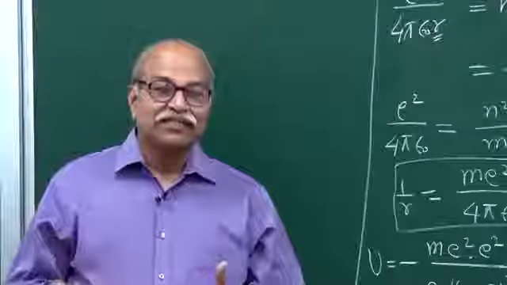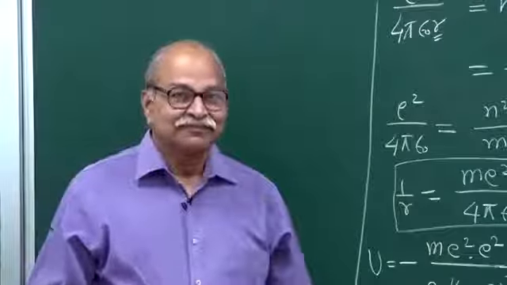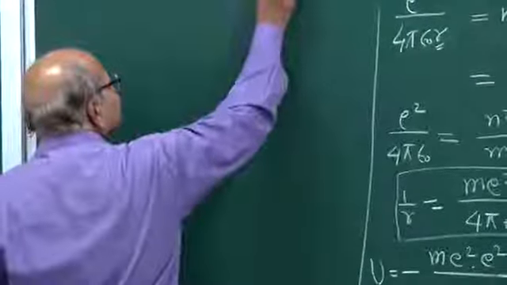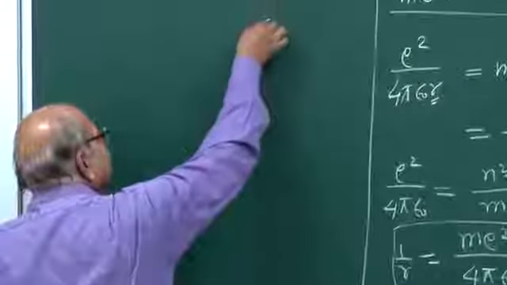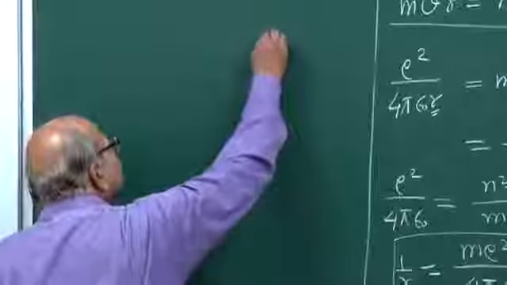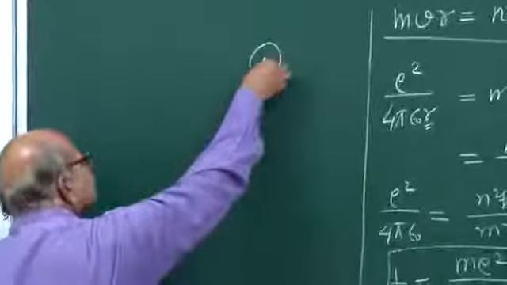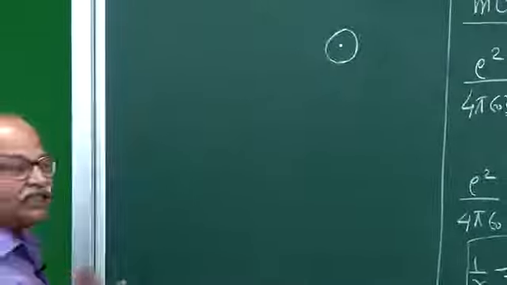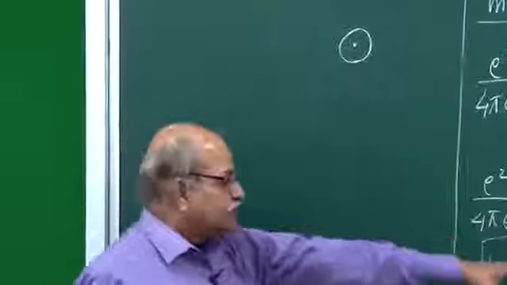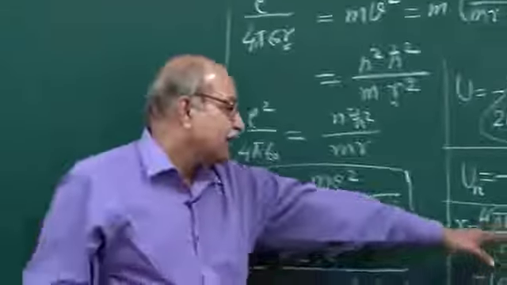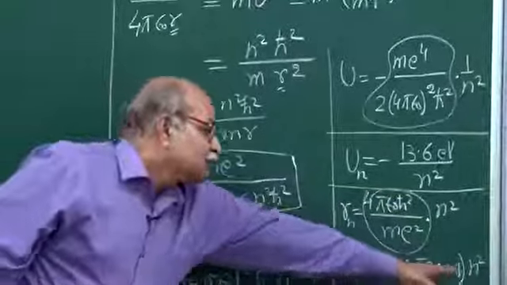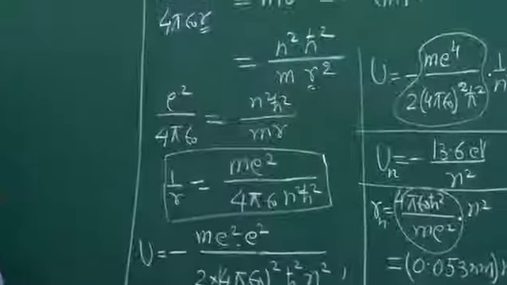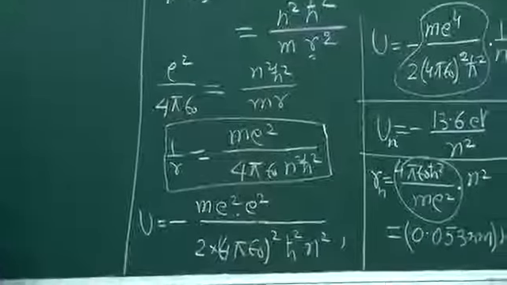So how do I picture this hydrogen atom? The picture is, the proton is here, and then there are certain allowed orbits. This is the smallest radius: n equal to 1 in this expression gives you the smallest radius, and that radius is 0.053 nanometers.